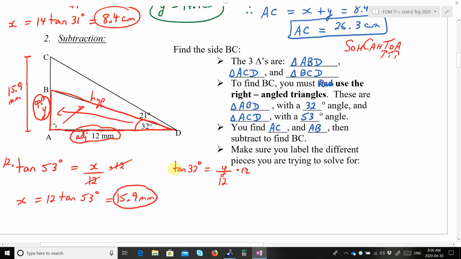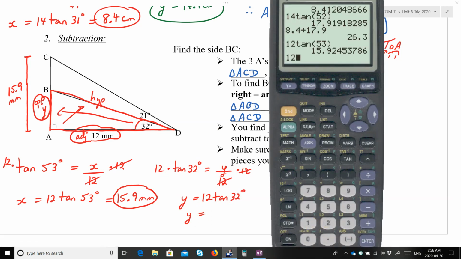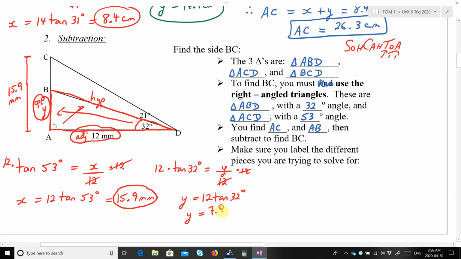And since y is being divided by 12, multiply both sides by 12, and you get y equals 12 tan 32. 12 tan 32. Bang. 7.5. So there's y.